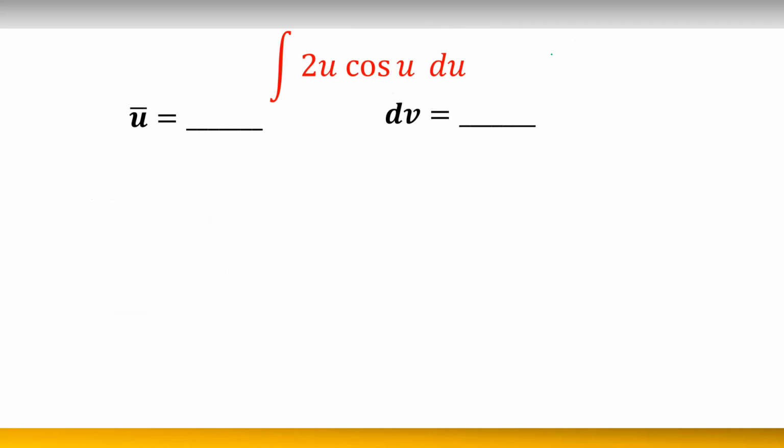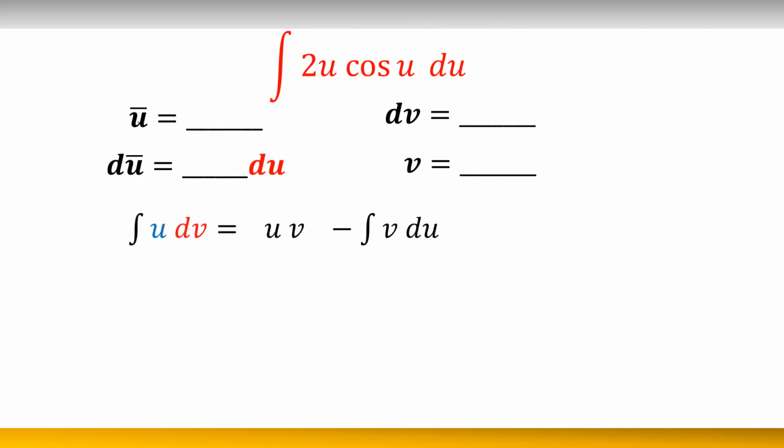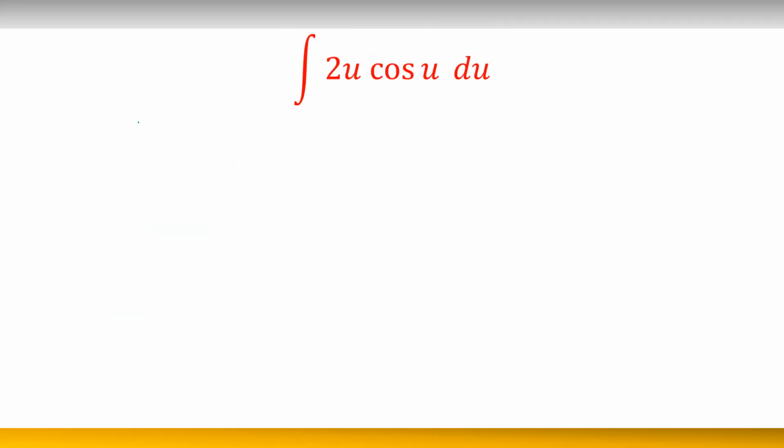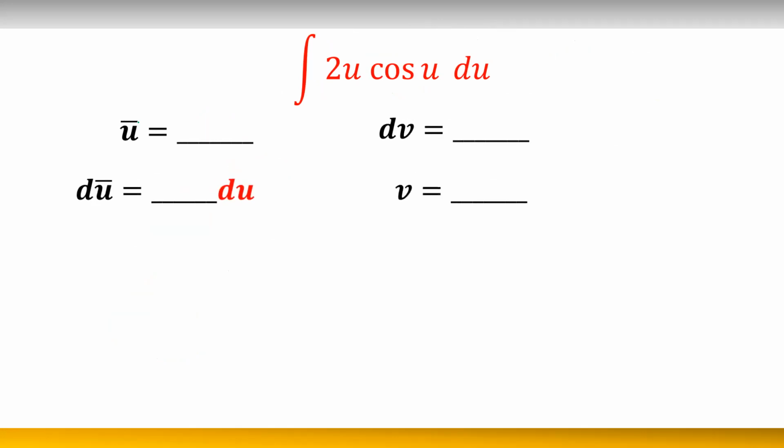Nilagyan natin ng u hat para lang ma-distinguish natin siya. Okay, so ang ating magiging u hat, kasi u din yung nasa variable natin, eh, no? So kaya ginawa nating u hat. Okay? So this is 2u.